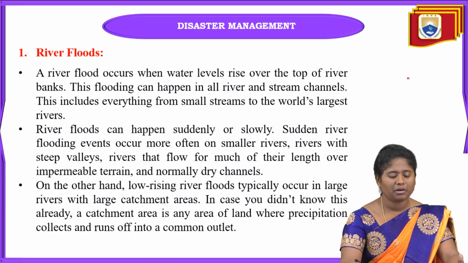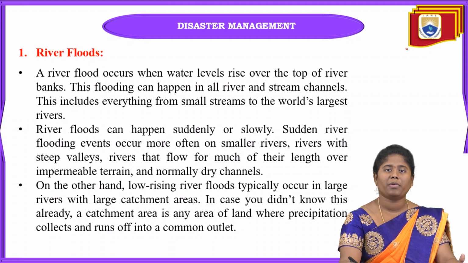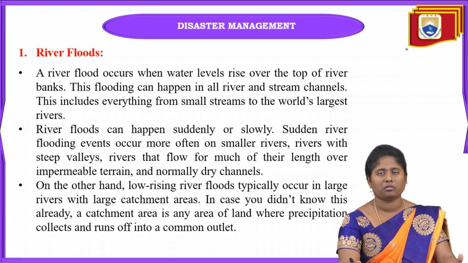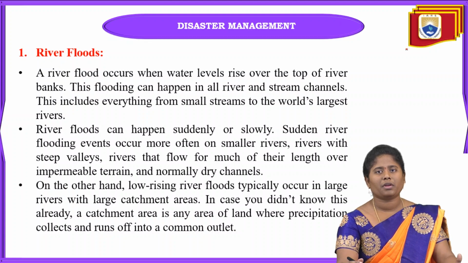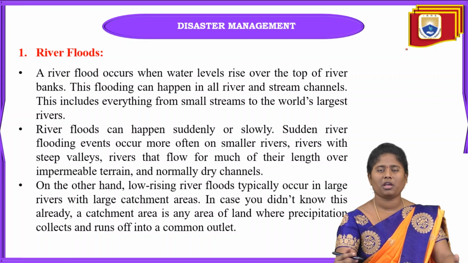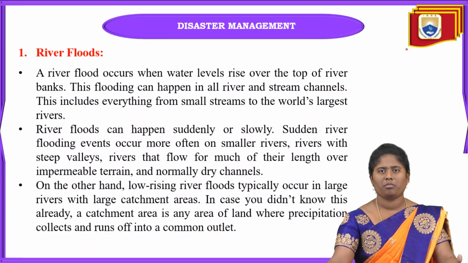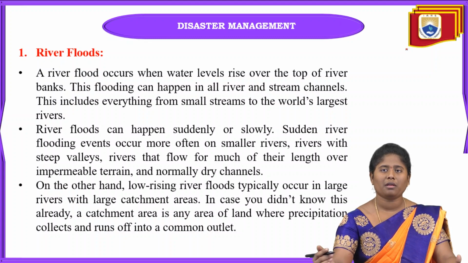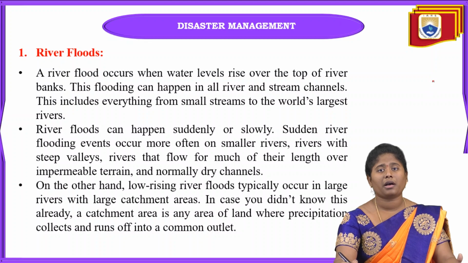And in this one, these river floods can happen suddenly or slowly also. Why? Because when any river is nearby the coastal areas, sudden river flooding will occur more often.